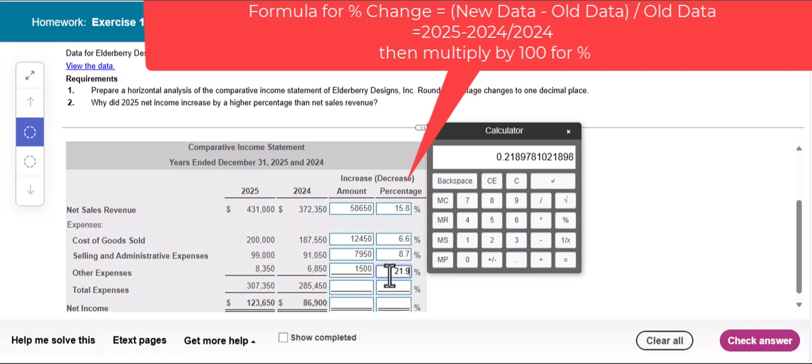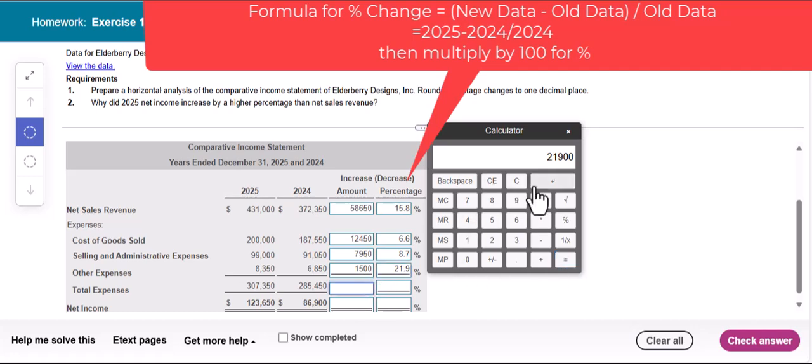Okay. So then when we go to total expenses, it looks like that's an overall increase as well. So let's take the new year of 2025's amount, 307,350, and then we'll subtract out 285,450. And that is going to give us an amount of 21,900.